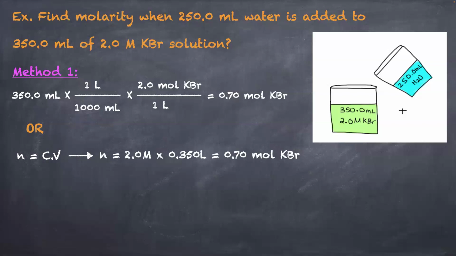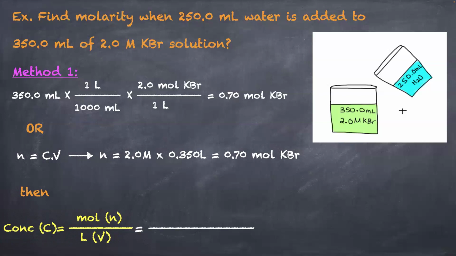and that way you find the moles of KBr. Now, the next step is to use the concentration formula again. This time, the moles of KBr is going to remain the same. So we just divide that moles by the total volume now, because the 350 milliliters of the KBr solution is added to another 250 milliliters. So the total volume is going to end up being 600 milliliters or 0.6 liters.